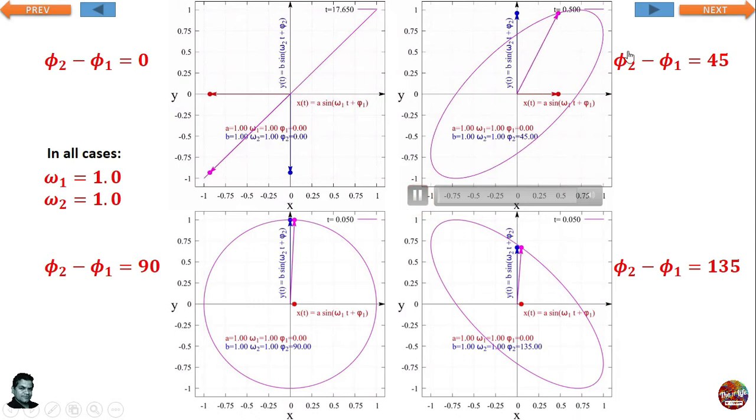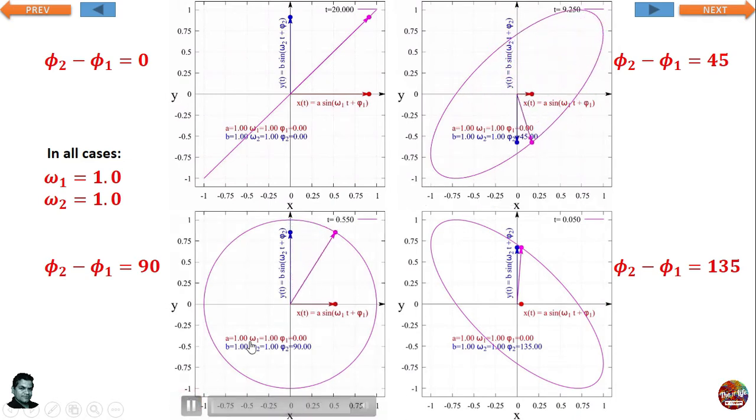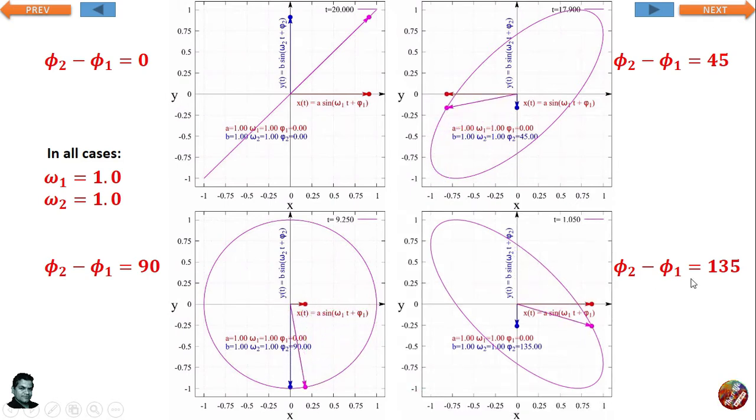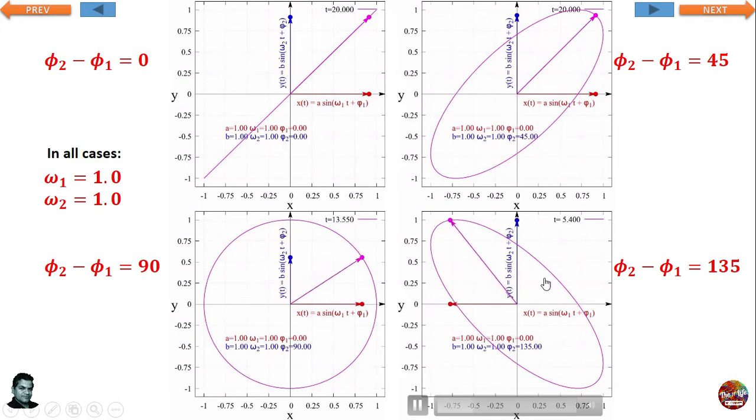Then in the second case, when the phase difference is pi by 4, the resultant path is an ellipse. In the case of a phase difference of 90 degrees, the resultant path is a circle, and in the case of a phase difference of 3 pi by 4, it's again an ellipse.